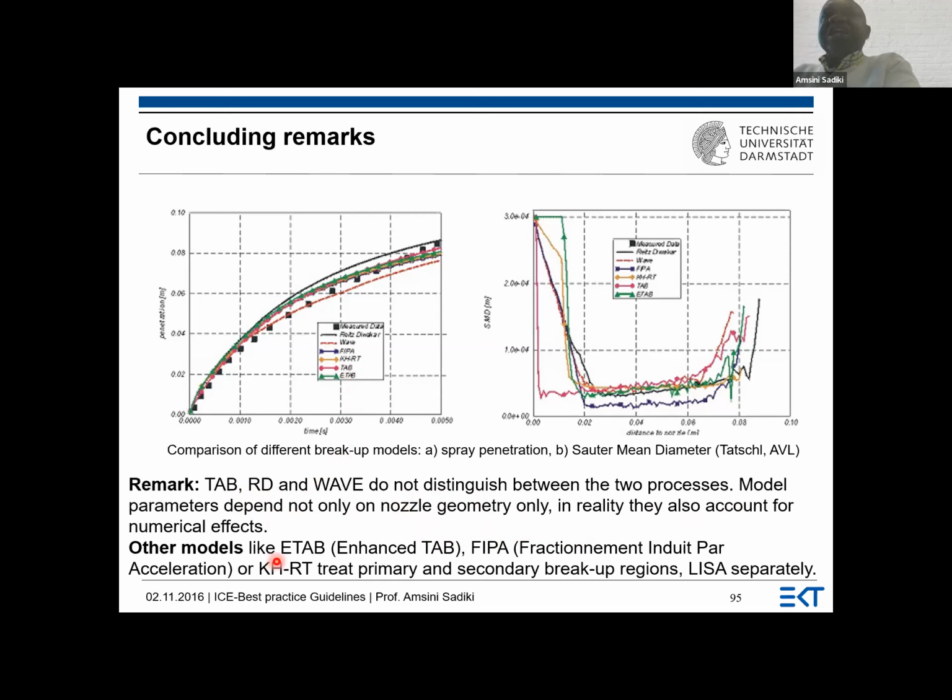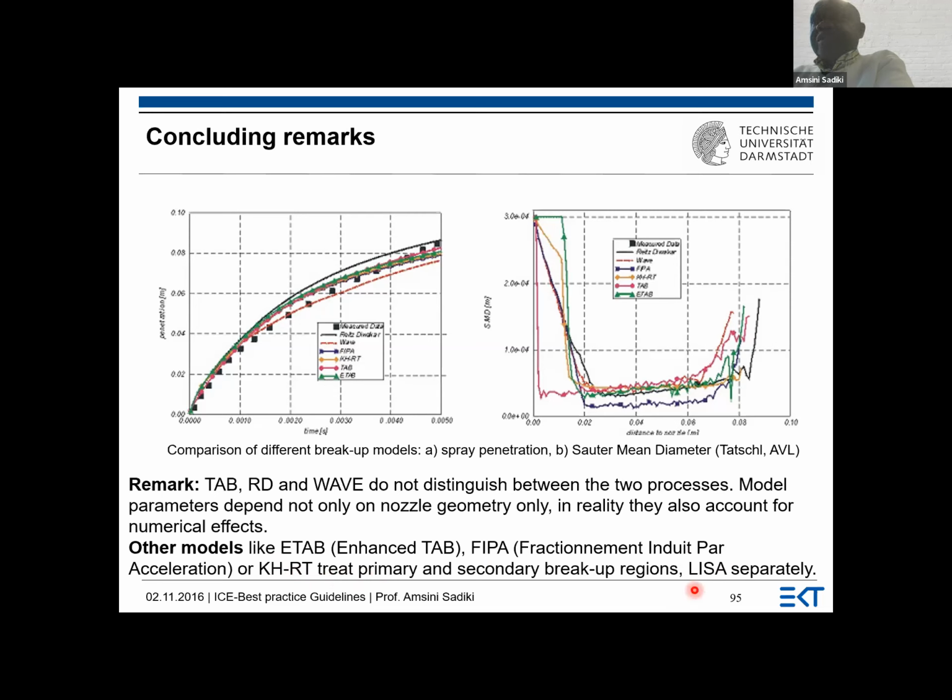The other models, like the enhanced TAB, which I explained a little bit, in which we include an exponential variation of the number of droplets, and this model here, fragmentation induced by acceleration, and the Kelvin-Helmholtz and Rayleigh-Taylor, treat primary and secondary breakup regions.